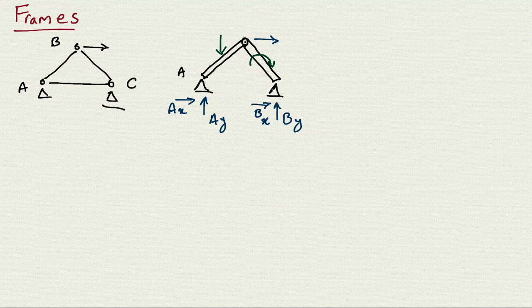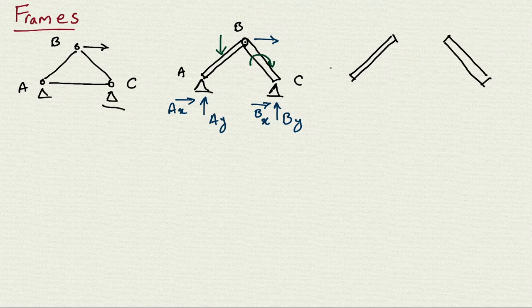So if we have A, B, and C, similar to that, we will go ahead and disassemble this frame into the member AB and the member BC. So I'll say this is my member AB, and then this is my member BC.